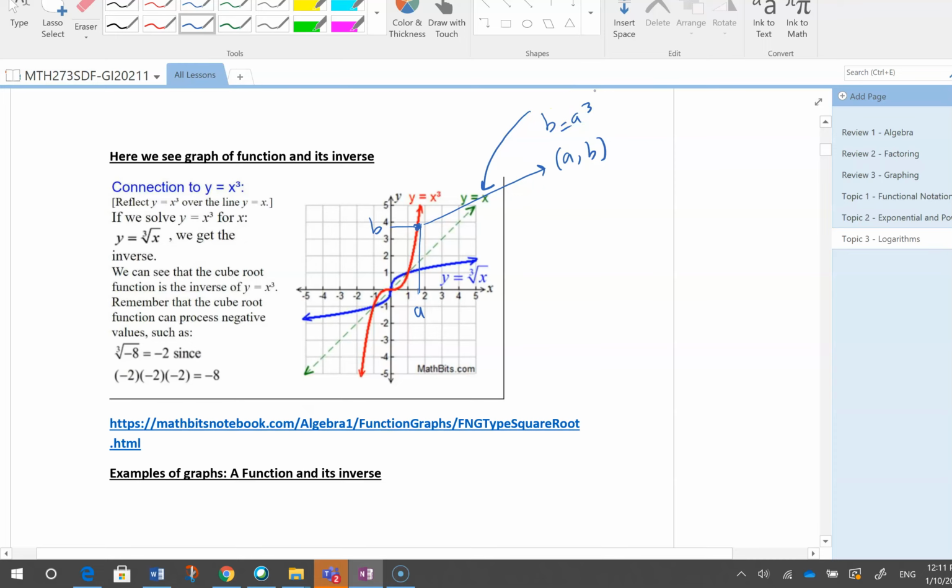Now I make a perpendicular line here and I continue, and I find this point. This point for sure is B and A, because x and y exchange. B and A. And here A is the cube root of B.